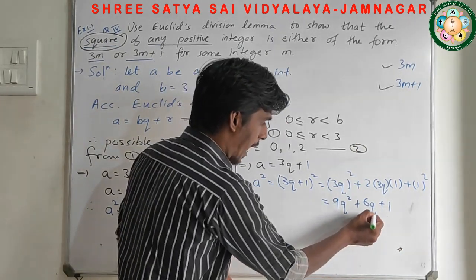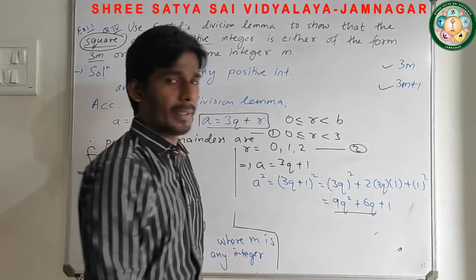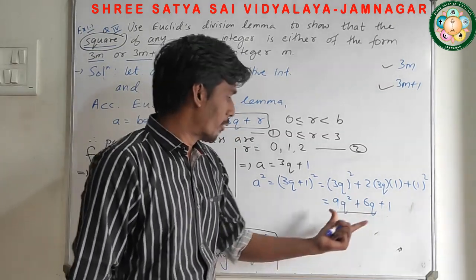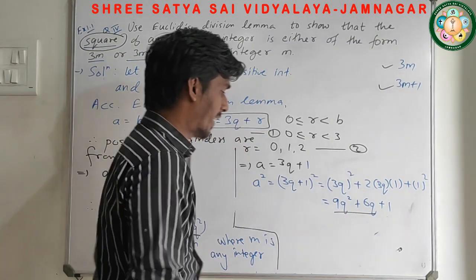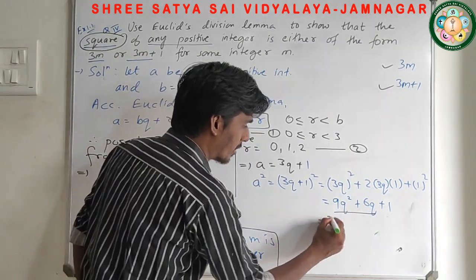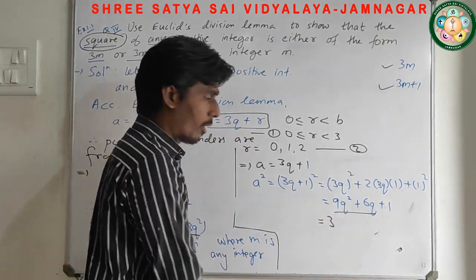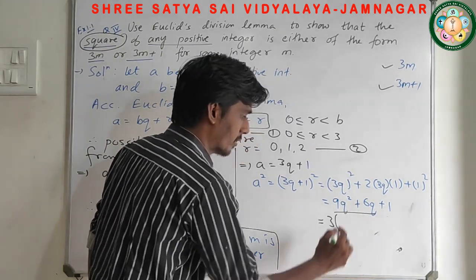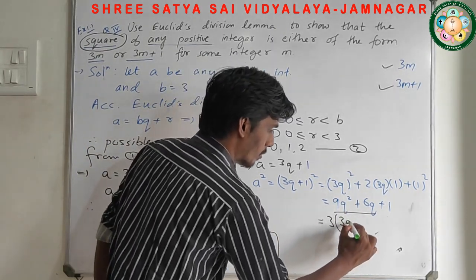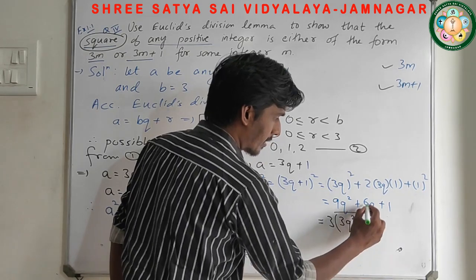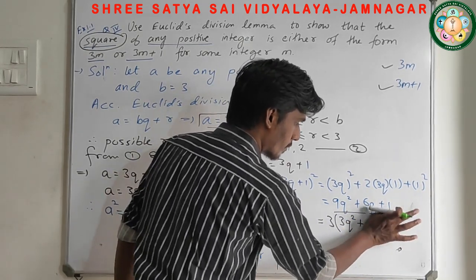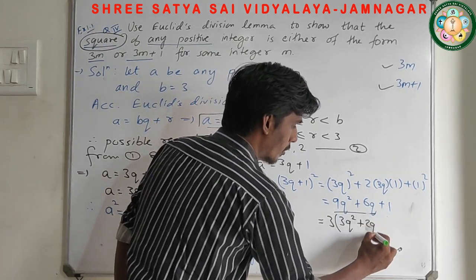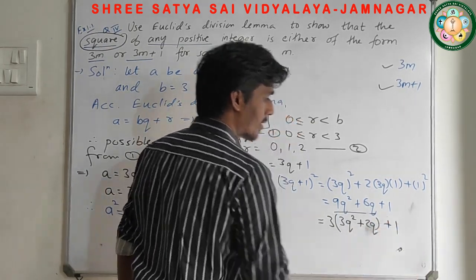You will think q is also common, but I don't want any q here, so I'll take out only 3 common outside, so inside it will remain 3q square plus 2q, plus 1.